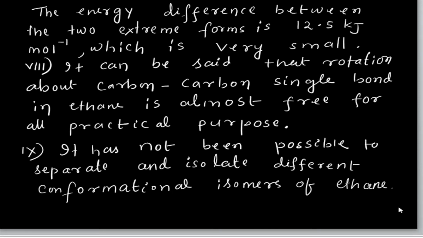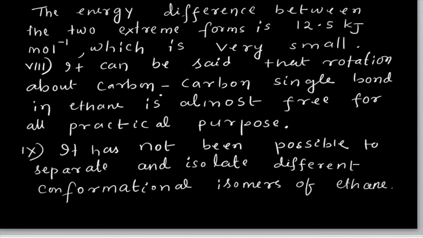It can be said that rotation about the carbon single bond in ethane is almost free. Why can we say conformation in ethane is possible? We can observe it, we can feel it, and many scientists have observed it also.